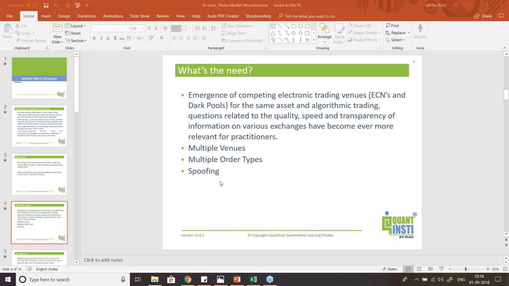So that is one type of conditional order. And we have trailing orders that follow the last traded price. So those are the different types of orders we have. I'm just trying to revise whatever we have learned so far. These are the different types of orders that we use.